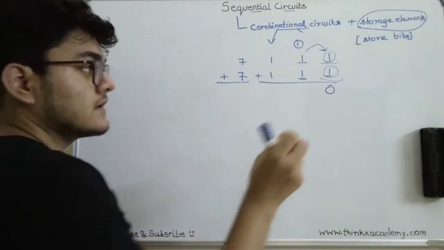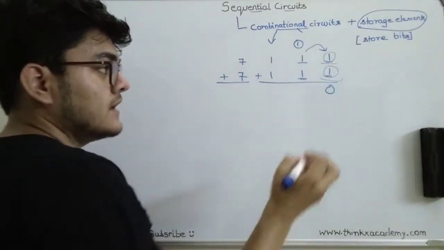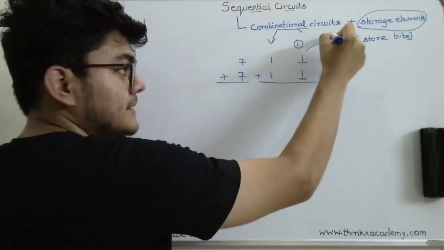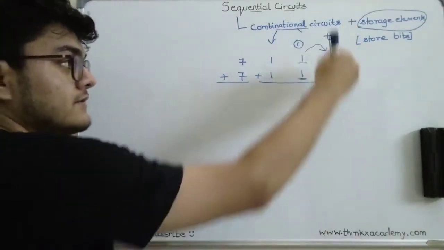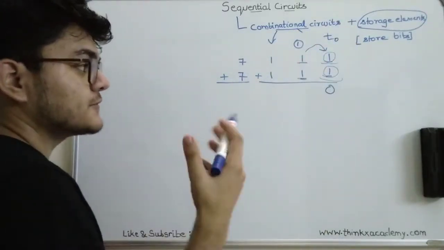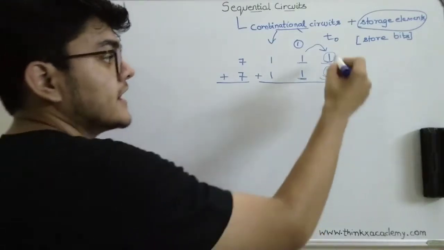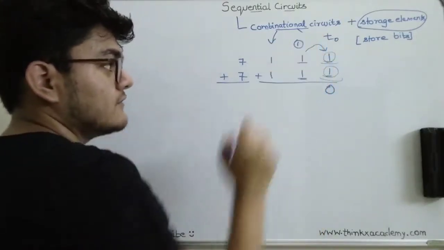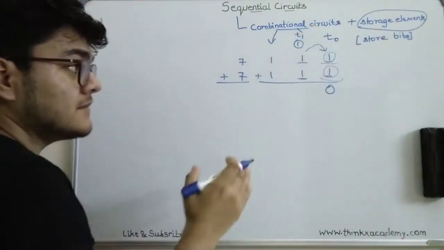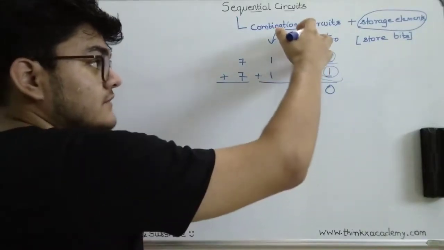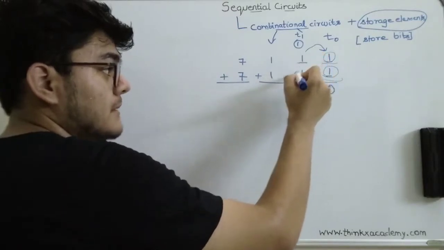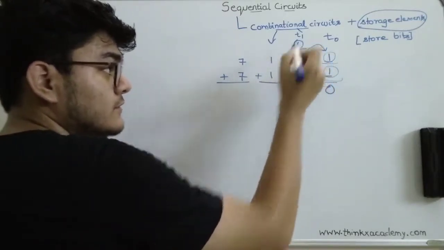Let me elaborate on it a little bit more. Let's suppose you want to add these 2, and you give these 2 values to a combinational circuit, more specifically a half adder, at some time t0. It will give you a sum of 0 and a carry of 1. In the next step, at a different instance of time, which is time t1, we now want to perform the operation 1 plus 1, and there is also 1 carry here.